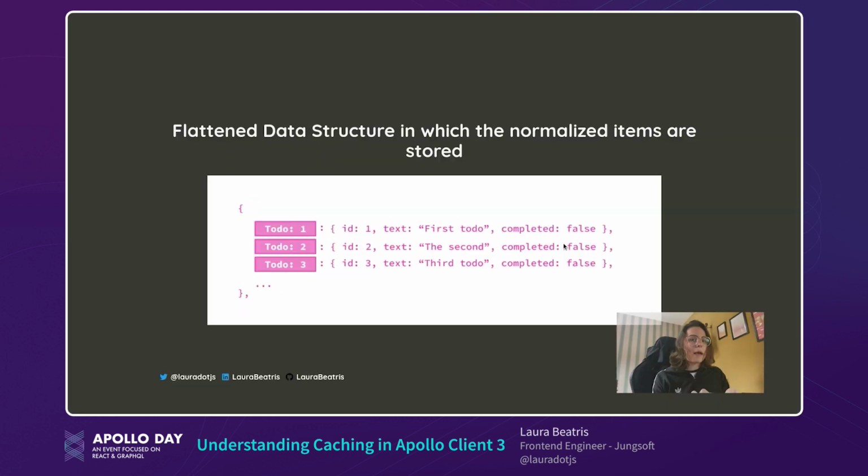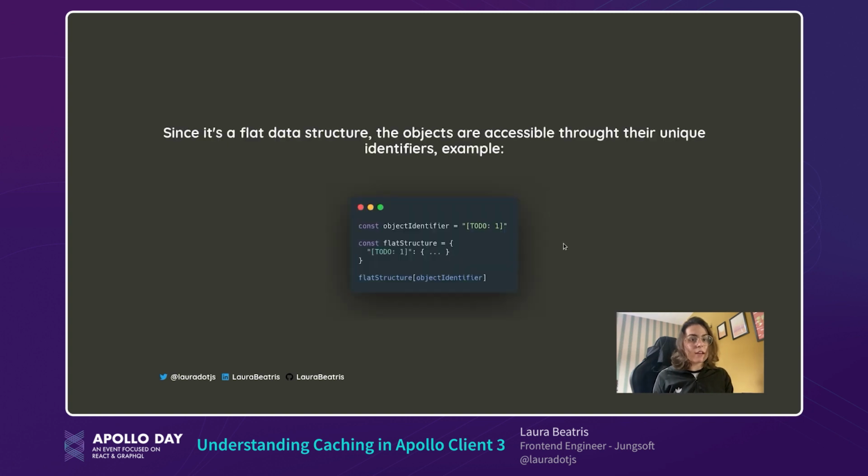After normalizing these items, we are able to put them in a flattened data structure. These items will be stored on the root, and the keys will be the unique identifiers that we mentioned before. Since it's a flat structure, the objects are accessible through their unique identifiers.